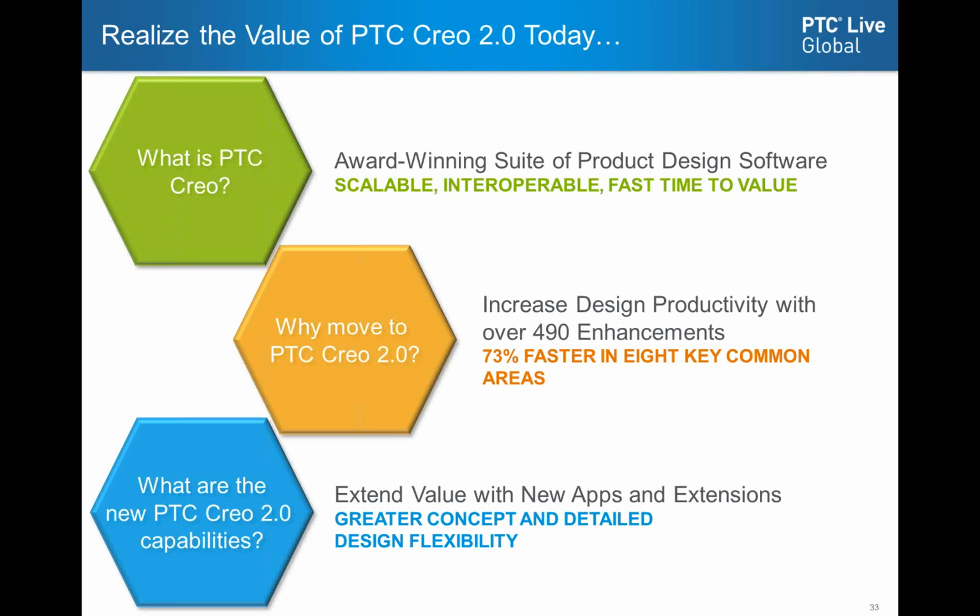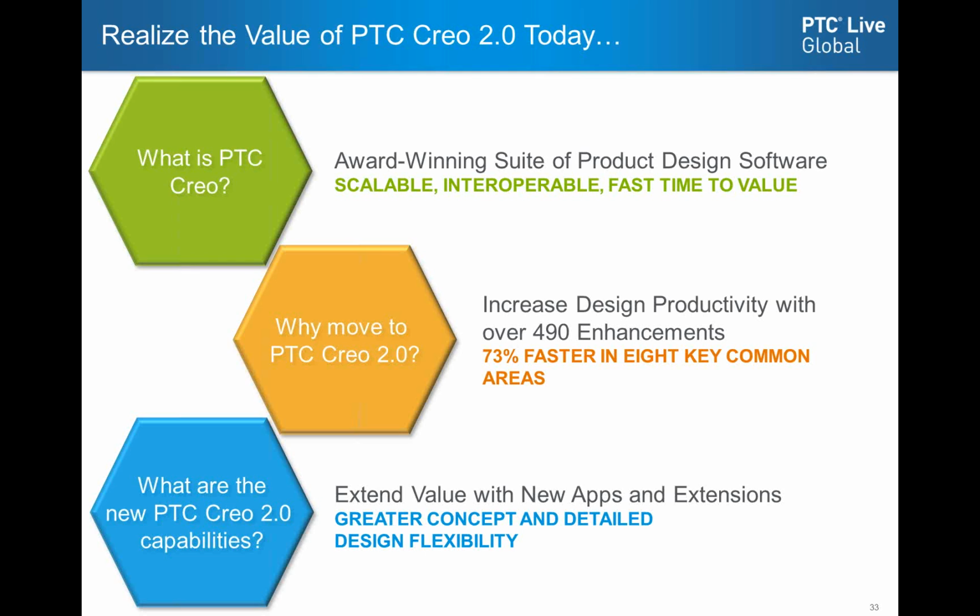Based upon those productivity improvements, we've added over 490, just short of 500 enhancements overall inside Creo with Creo 2. And based upon the independent benchmarks that we did, productivity improvements are up by 73%.